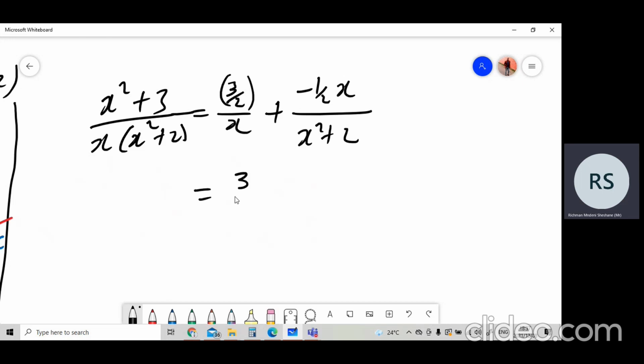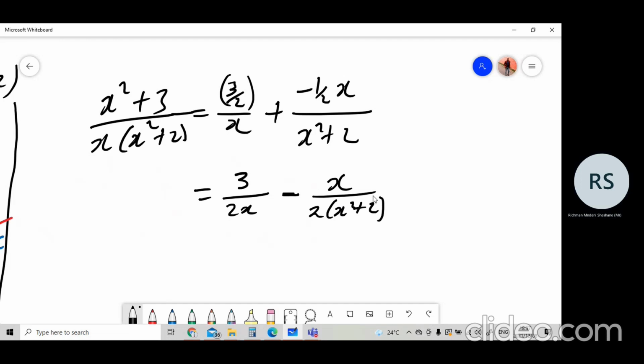So you can write it nicely: 3 over 2x minus x over 2 times x squared plus 2. All right. So we wrote this function with a quadratic factor in terms of partial fractions.